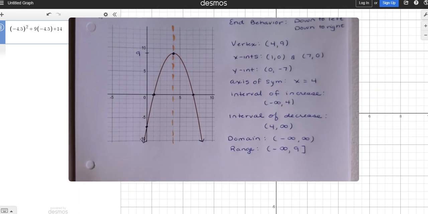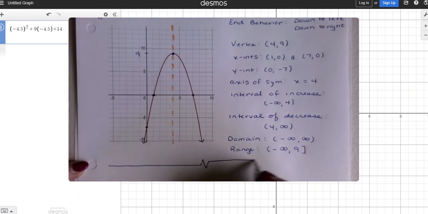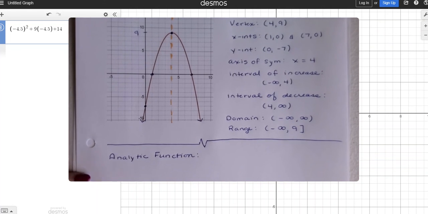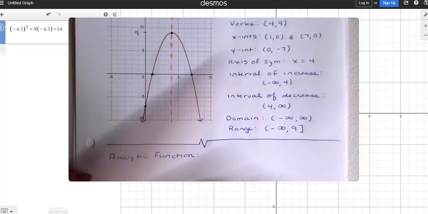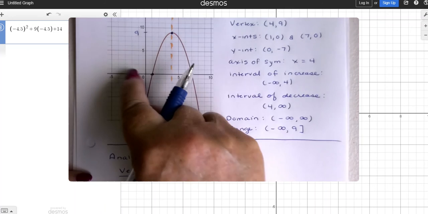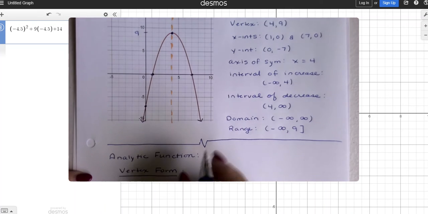Now let's talk about what else we can say about the analytic function. Okay, well, knowing the vertex is (4, 9), we know that this has been shifted, so let's start with the vertex form. This has been shifted to the right 4 and up 9.